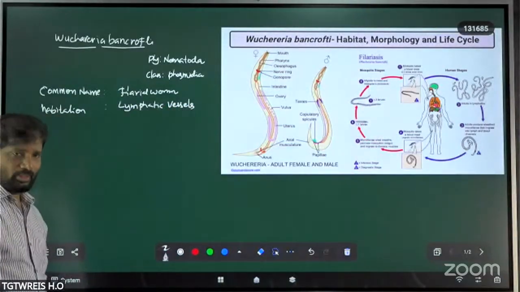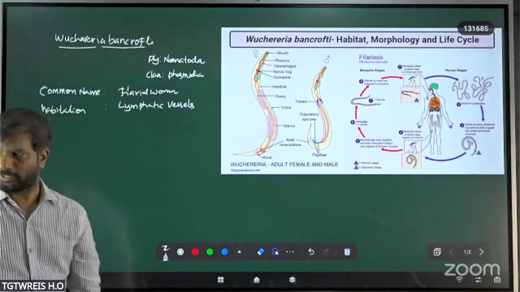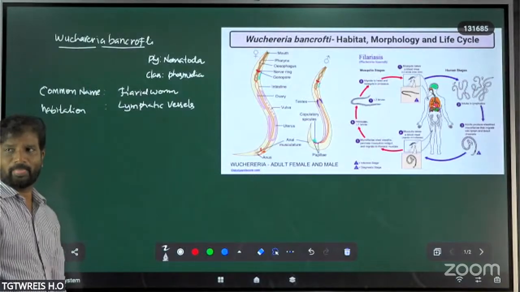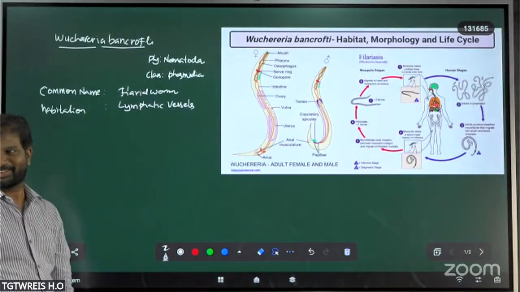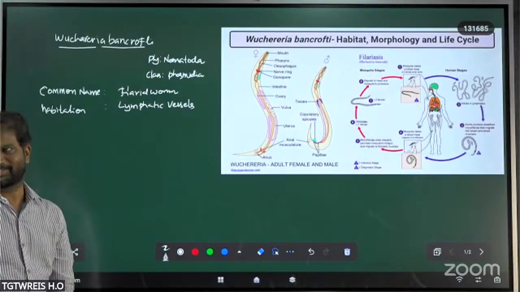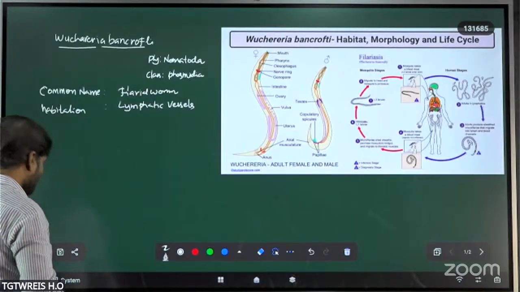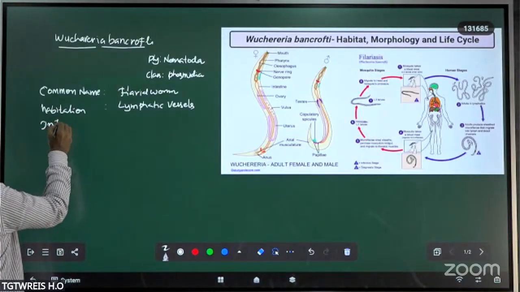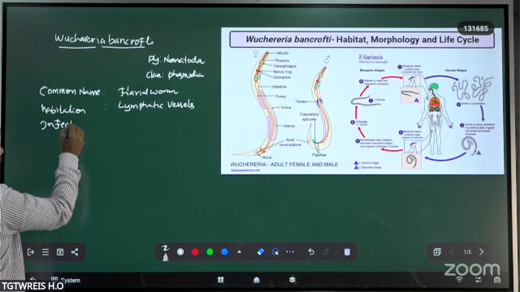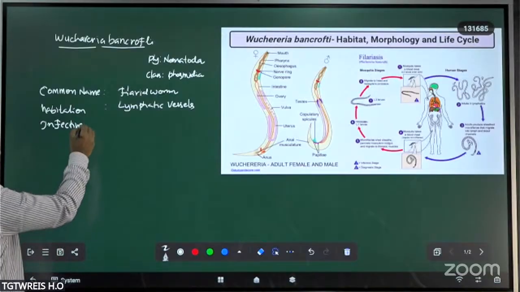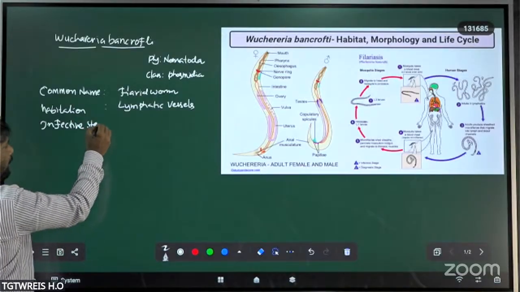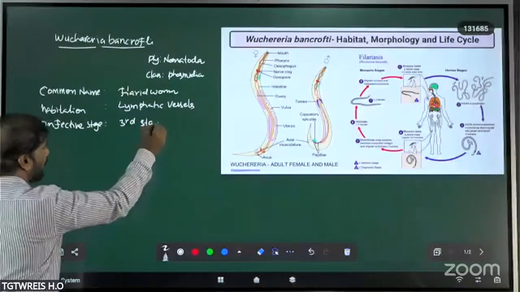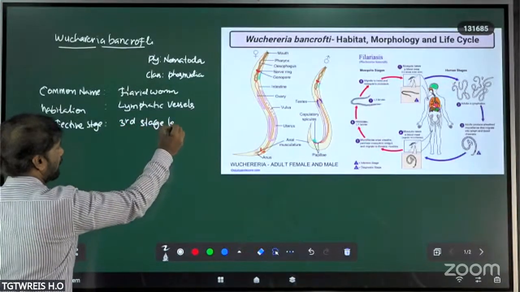Now, what is the infective stage of Wuchereria bancrofti? The infective stage is the third stage larva.